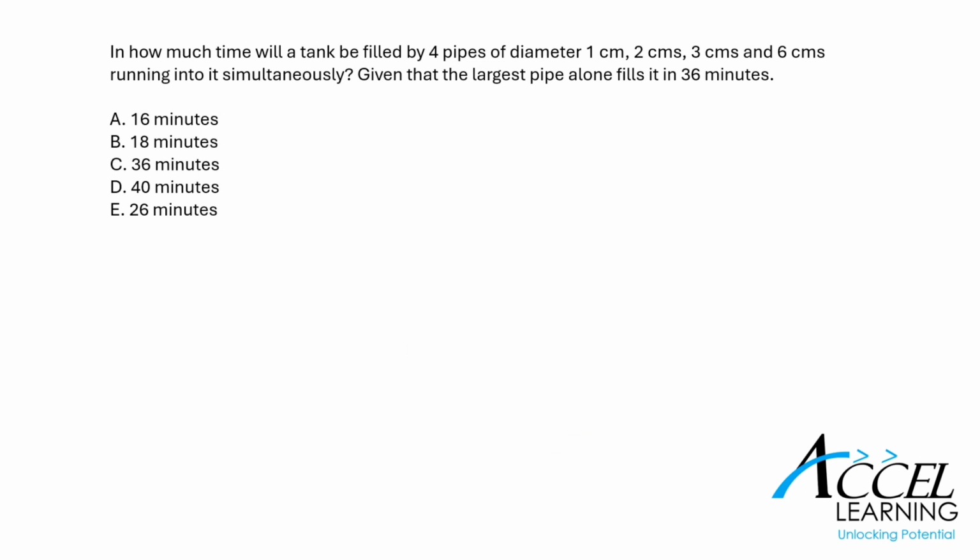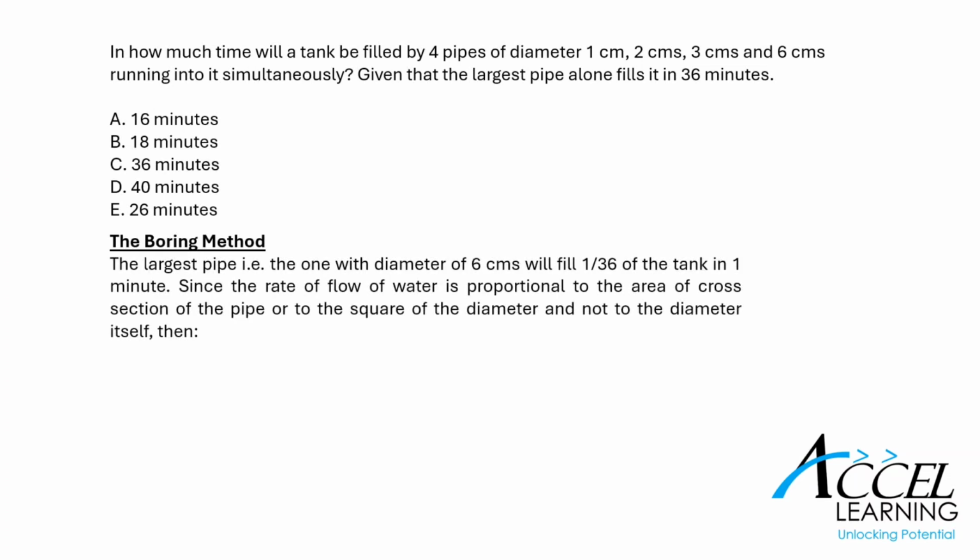Here's the same question. Pause the video now to see if you want to solve it first before we do. So, the largest pipe, that is, the one with diameter of 6 centimeters, will fill 1/36th of the tank in 1 minute. Since the rate of flow of water is proportional to the area of cross-section of the pipe, or to the square of the diameter and not the diameter itself, then the time taken by the pipe with 1 centimeter diameter is equal to 36 times 36 over 1 squared minutes.